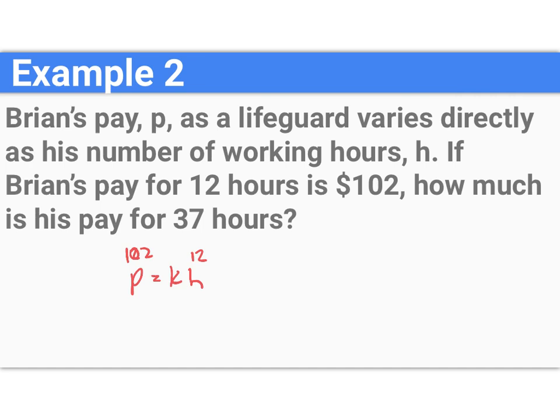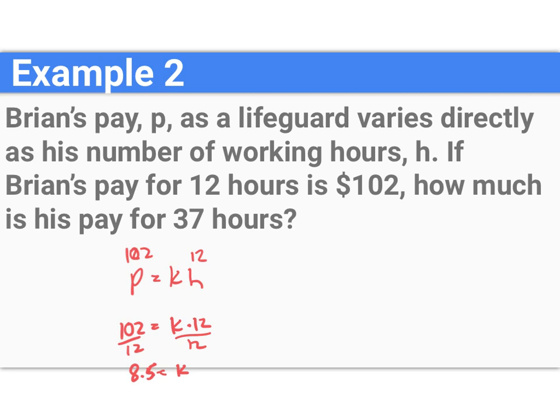So now we got to find k, and then we substitute that in, so 102 equals k times 12. Divide both sides by 12, and then some number. 8.5 equals k. So Brian makes $8.50 an hour.